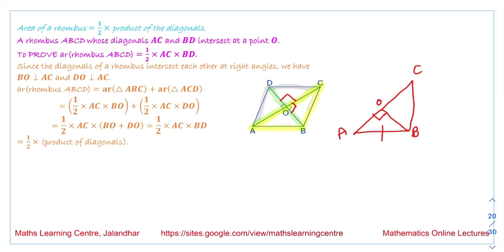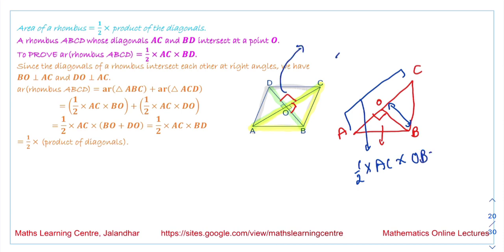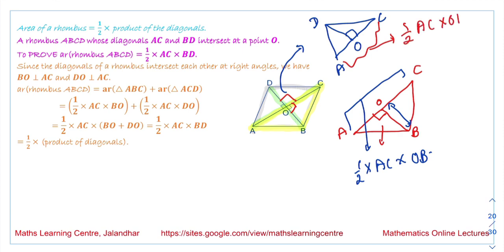So the area of this triangle will be, OC is the base, so it is half base into height, which is OB. Now consider this triangle ACD, with the perpendicular at the point O. AC is the base, so the area is half AC into OD.